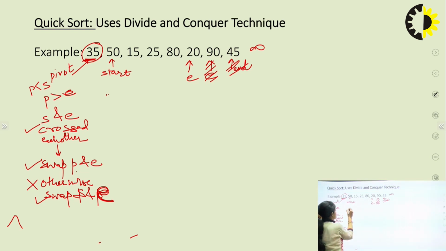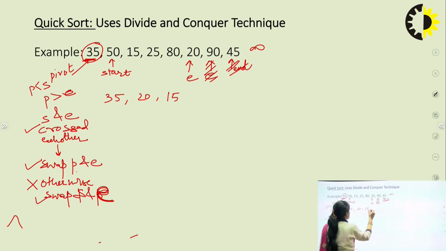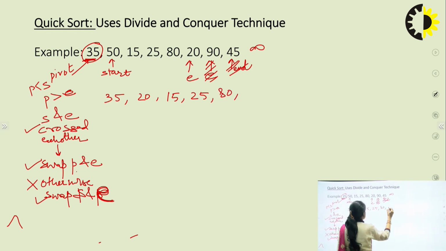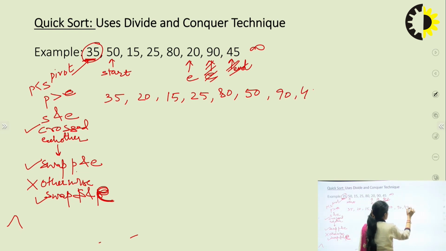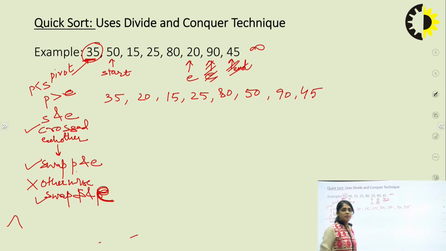So let's swap. The array becomes 35, 20, 15, 25, 80, 50, 90, and 45.